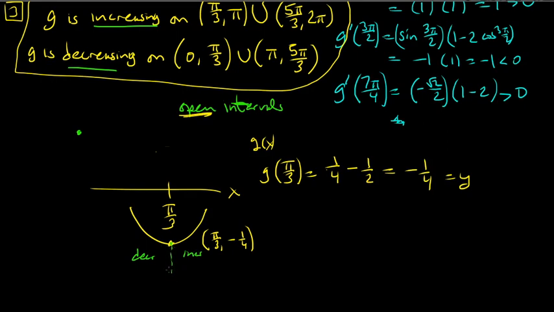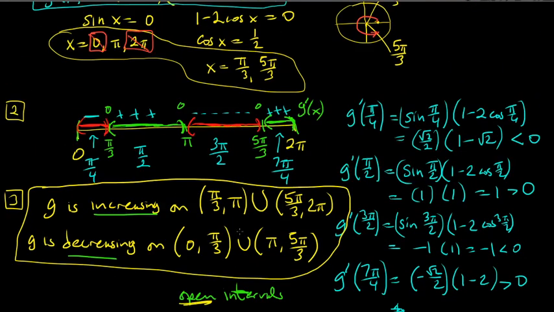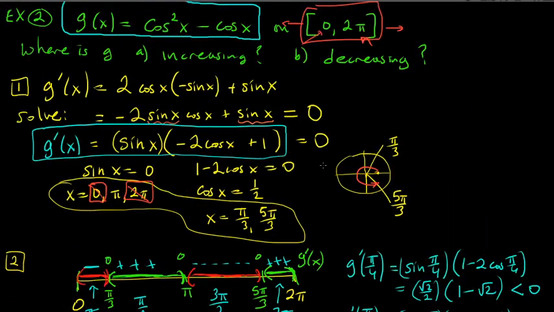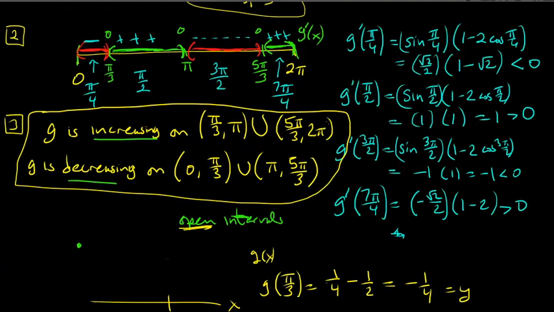So at pi over 3, it's not doing anything. It's not going up. It's not going down, right? So in fact, you can see it's going to be a relative minimum. And that's what we're going to do next, right? So yeah, the endpoints of these intervals are always not included. They're all open intervals. And that was true for the first example we did. You might want to look at that again. I did not use any brackets when describing the intervals of increasing or decreasing.